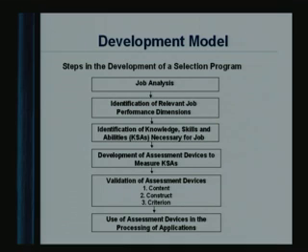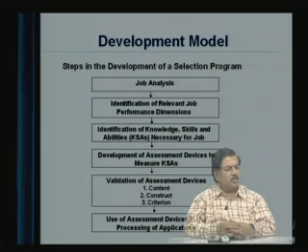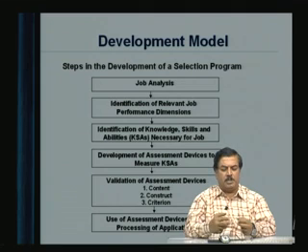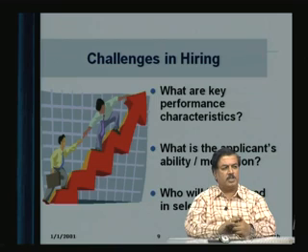Then we put these assessment devices into the processing of applications. Unless some of these things are done a priori, the selection becomes cumbersome and complex. But once the procedures are adopted and defined, it enables a good selection process.